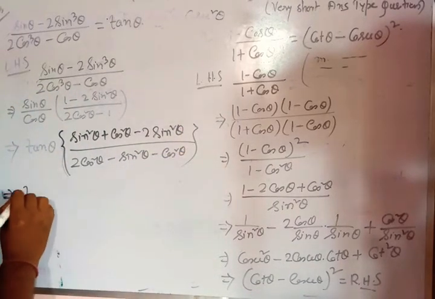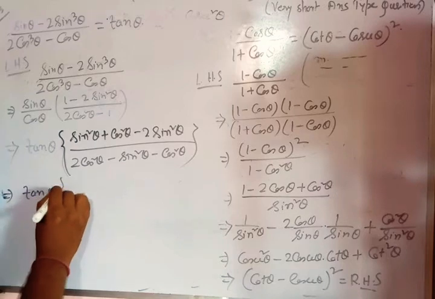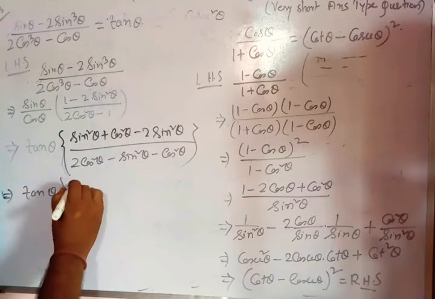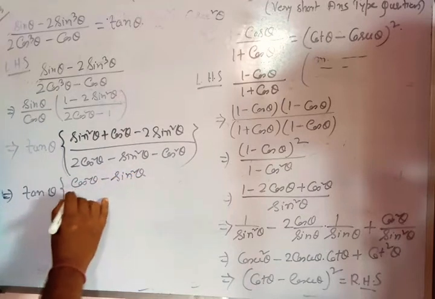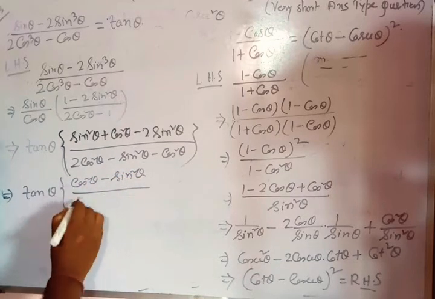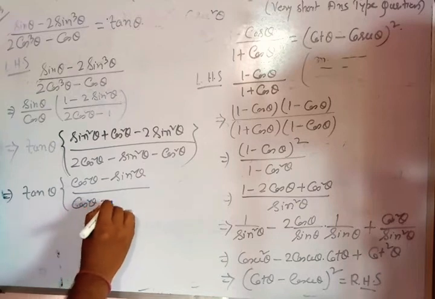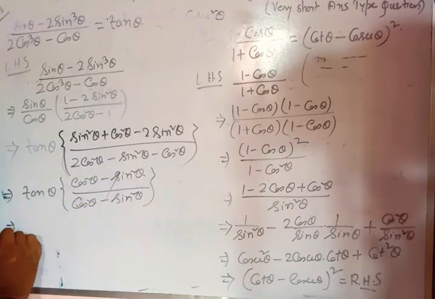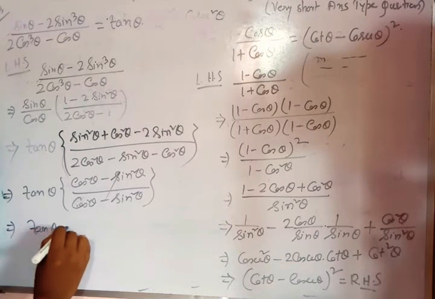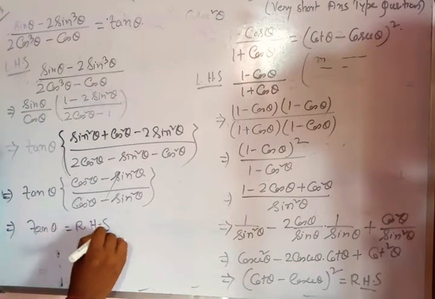Obviously this is cos square theta minus sin square theta divided by cos square theta minus sin square theta. If we cancel, we are getting tan theta, and that's equal to RHS.